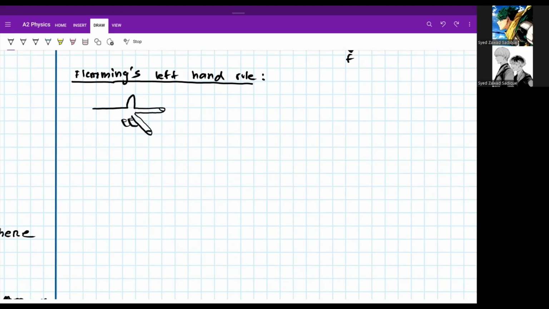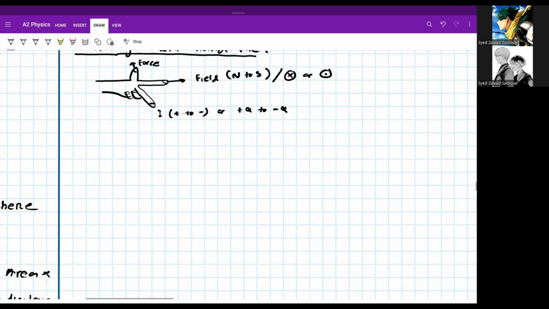Your thumb will always represent the direction of force. Your first finger will represent the direction of the field, north to south, or into the page, or out of the page. Into the page is towards the page, out of the page is just coming out of the page. And the second finger is the direction of current, positive to negative, or plus Q to minus Q. I'll just write it down in words as well.